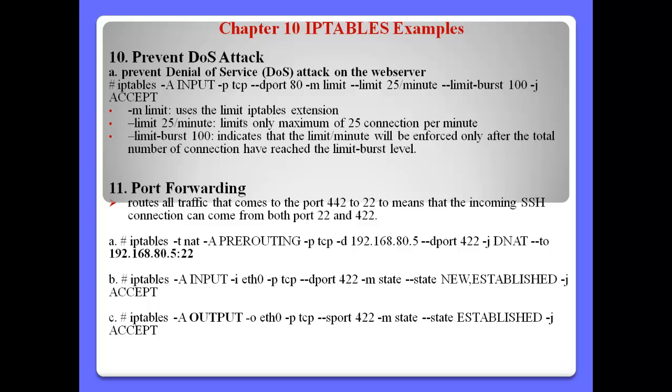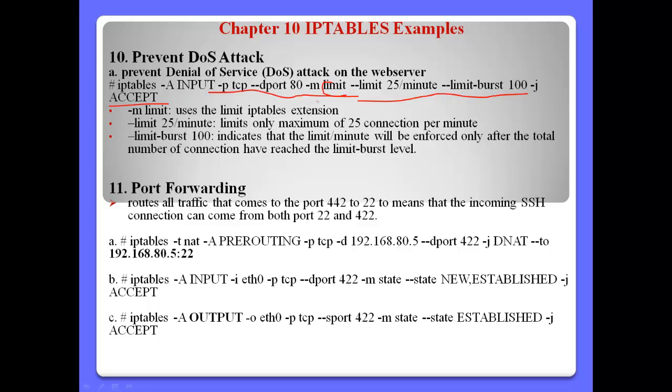Number 10, prevent DOS attack. DOS attack means you normally use many packets against a specific server to shut down its services. In this case, for example, TCP destination port 80 limitation, the match limit, 25 per minute, limit burst 100, -j ACCEPT.